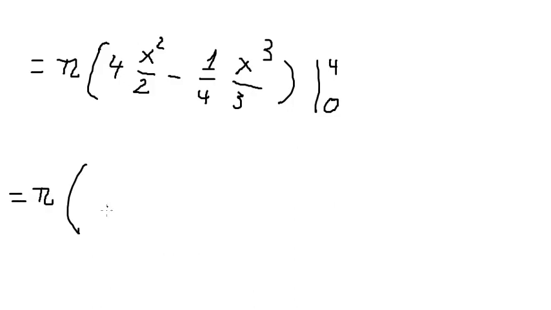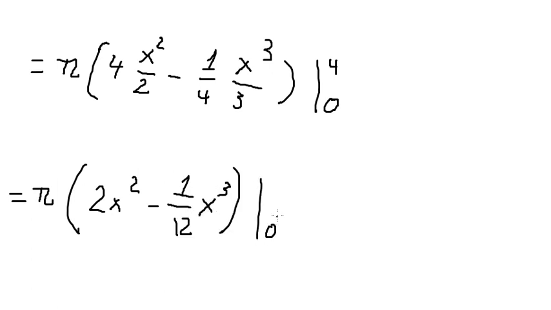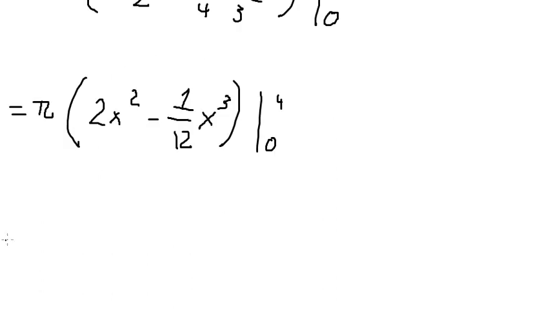So 4 squared divided by 2, we have number 8. 4 cubed and number 3, we have 12. So we can put number 4 going here, number 0 going here.